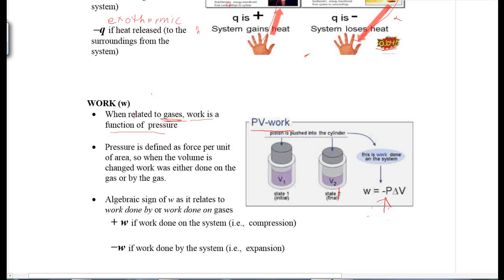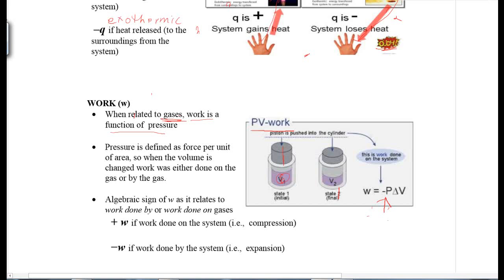Work is equal to the negative of the pressure times the change in volume of the gas. Okay, so we have to get clear again about what's happening with work and whether the work is positive or negative. So here I have a system, and there's a reaction taking place, and I have a piston that is movable, right?